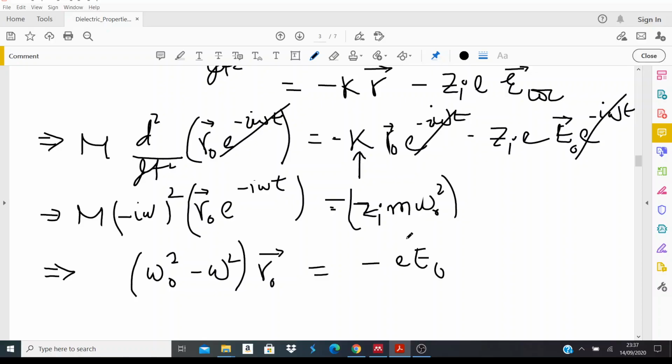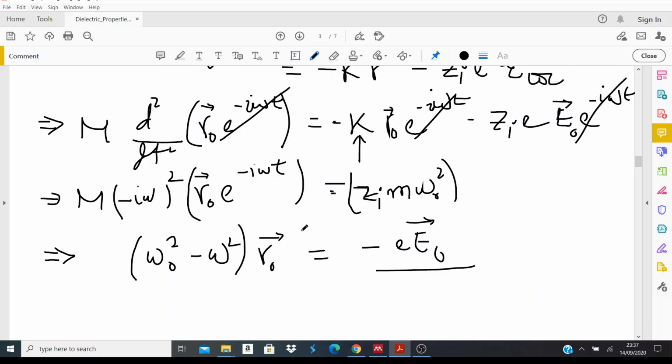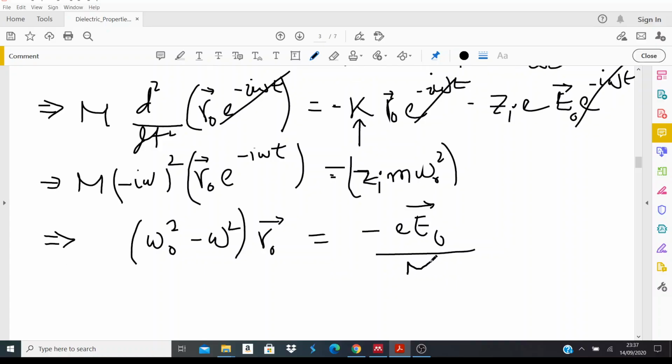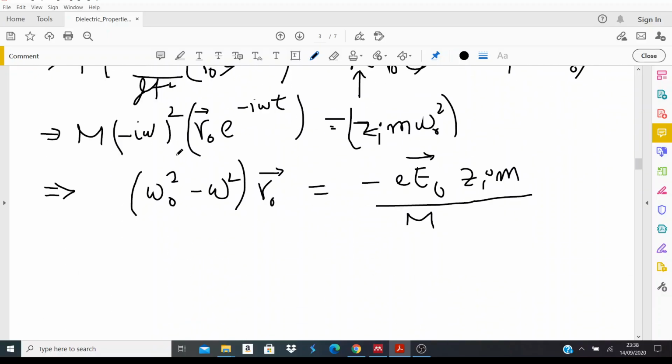On the right hand side we are left with this mass term, and also we will have the Zi m, right? And what is this mass that we are talking about?